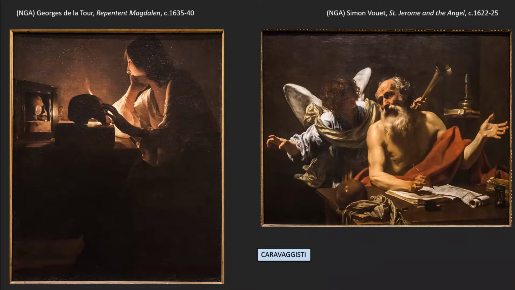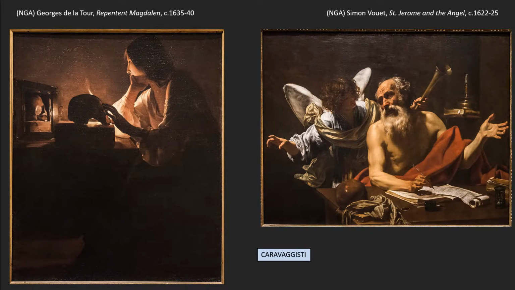And very much like Vouet, it includes elements that relate to that idea of reflection. Thinking about life, thinking about death, pondering that and thinking about what you're doing with your life. They're very moralizing pictures.